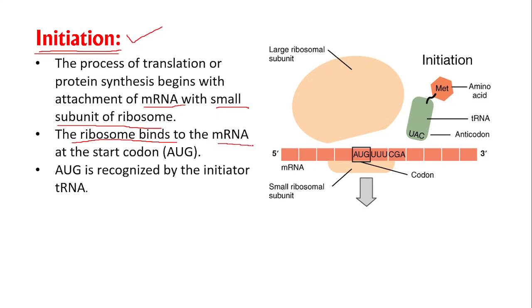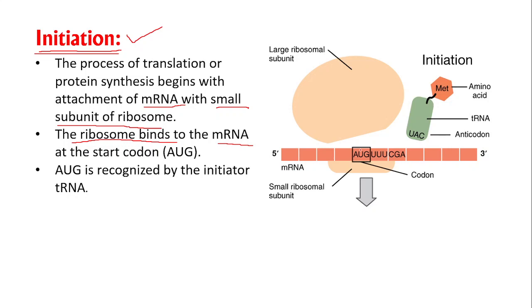Where exactly on the mRNA? It attaches to the region where the codon AUG is, because AUG is the initiator codon, and with this codon the process of polypeptide synthesis should begin.